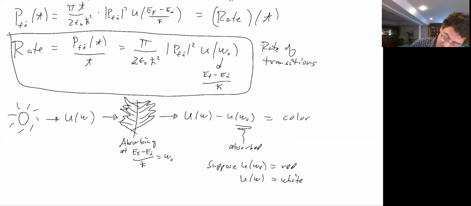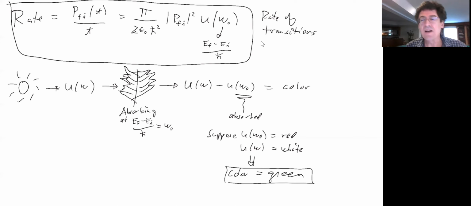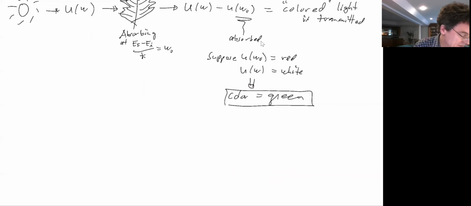And if I'm sucking out the red, then what's left? Green. And so what I see is a green leaf, because the leaf absorbed the red light from the sun via this process. So the colored light is transmitted. Okay, well, that's a nice way of thinking about it, I think.